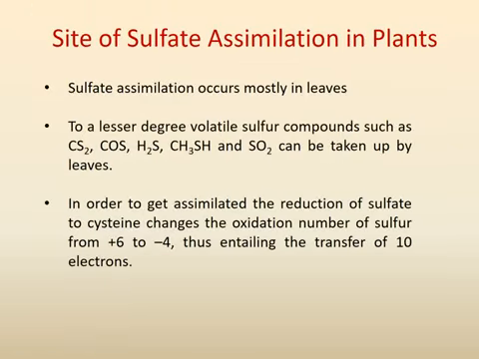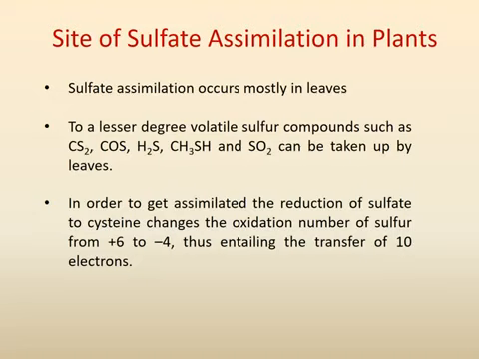Site of sulfur assimilation in plants. Sulfate assimilation occurs mostly in leaves. To a lesser degree, volatile sulfur compounds such as carbon disulfide, carbonyl sulfide, hydrogen sulfide, methyl mercaptan, and sulfur dioxide can be taken up by leaves. The magnitude of the flux of gaseous sulfur compounds into the plant leaves has been ranked in the following order: sulfur dioxide greater than hydrogen sulfide, greater than carbonyl sulfide, greater than methyl mercaptan, and greater than carbon disulfide.